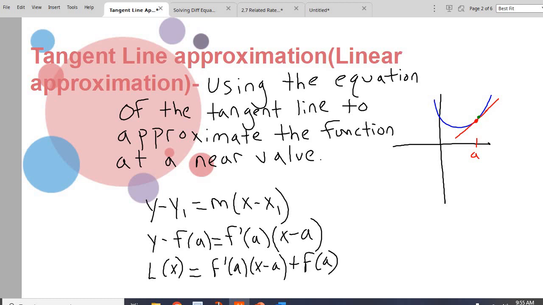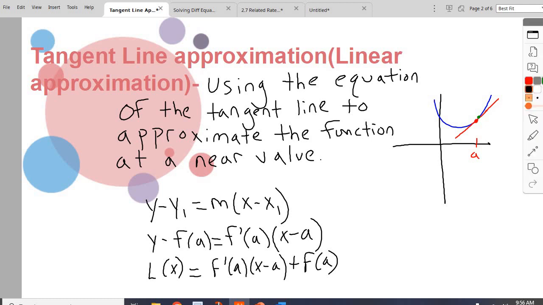The reason why we like this form is because, like I said, if A is 2, and I'm looking for 2.1, I'm going to plug that 2.1 right there. Well, 2.1 minus 2 is pretty easy to figure out: 0.1. We like that form because it's pretty quick to just plug and chug from that. What questions do we have there?